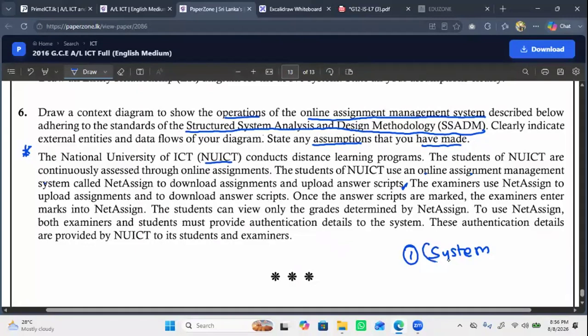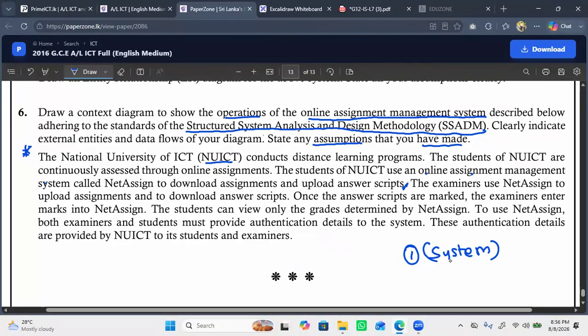What is the system here? Very good. NetAssign is the system. So that is the information system, or software, we are using. To download assignments and upload answer scripts, and students are doing what?